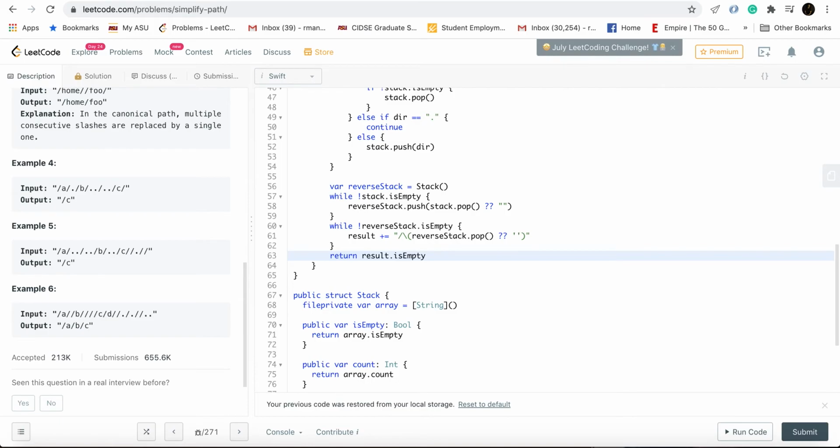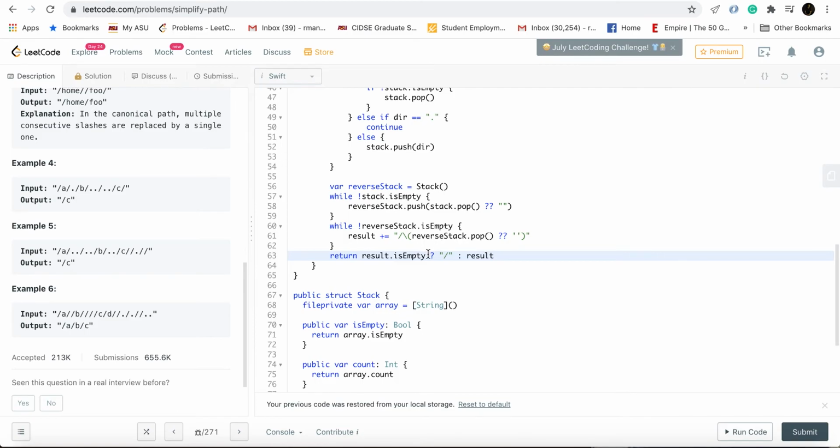If the result is empty, else return string. Actually, yeah, just need to do this. And that's it. Sorry, that's really it.